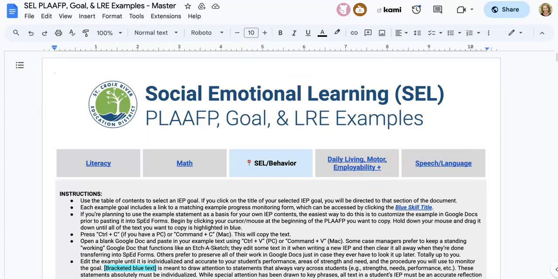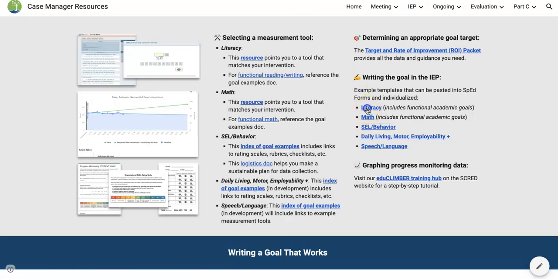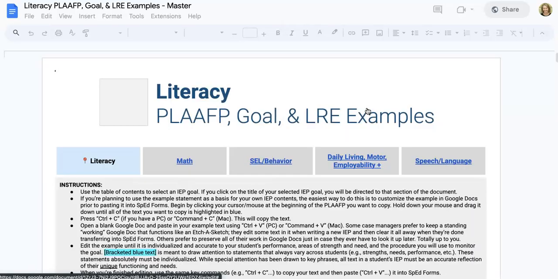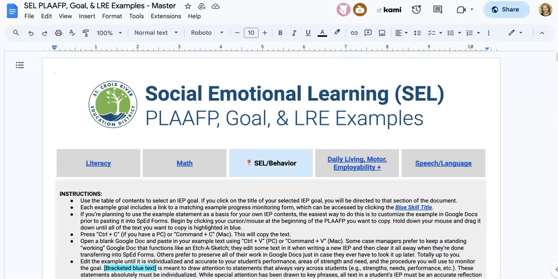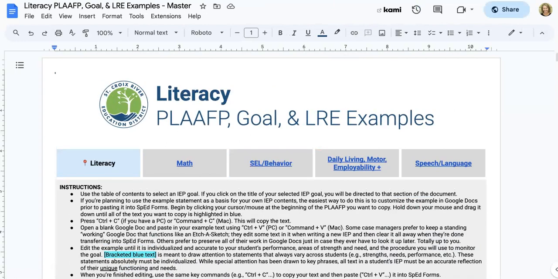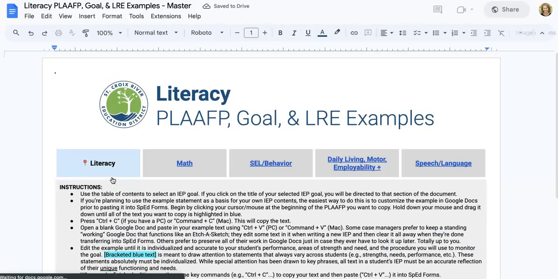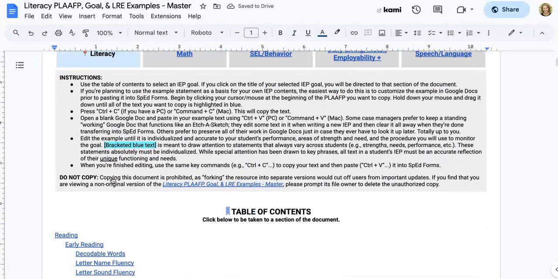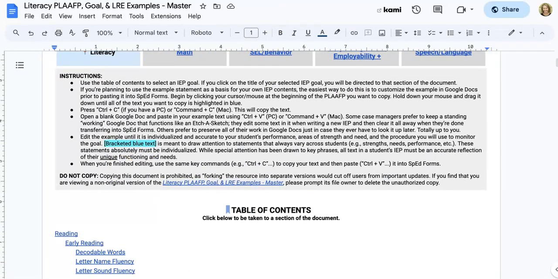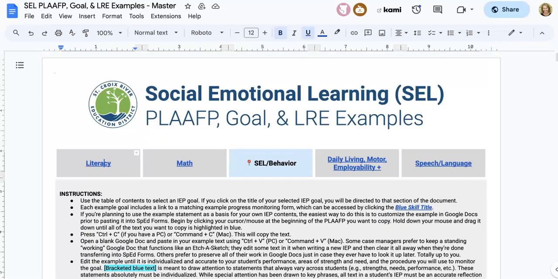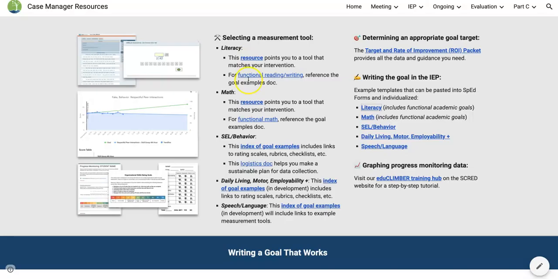So you could theoretically go back and open, now I want to do a literacy goal, but it's basically the exact same document. So once you have it open one time, you can switch between the different areas. You don't have to go back to the website. So that is essentially how to use those templates and paste them into SpEd forms.